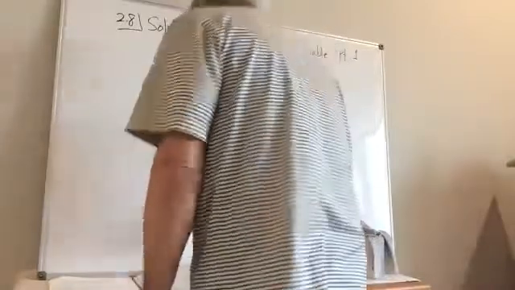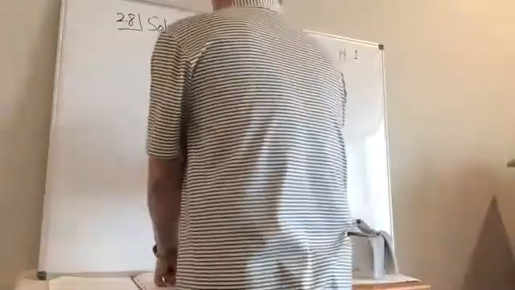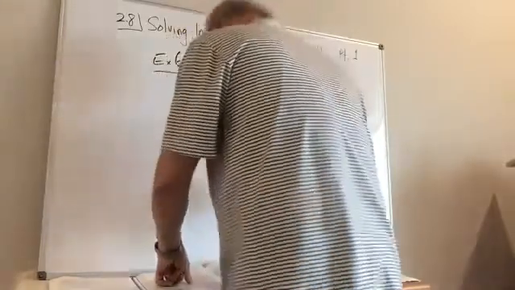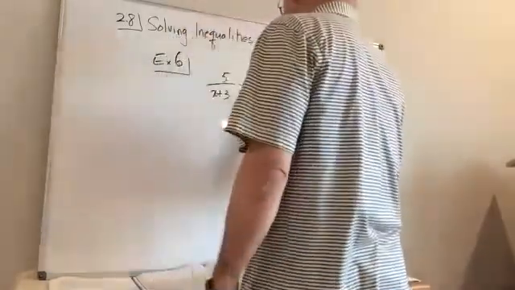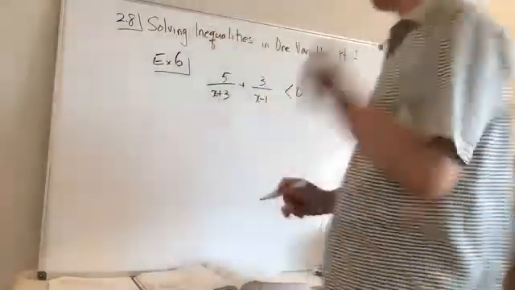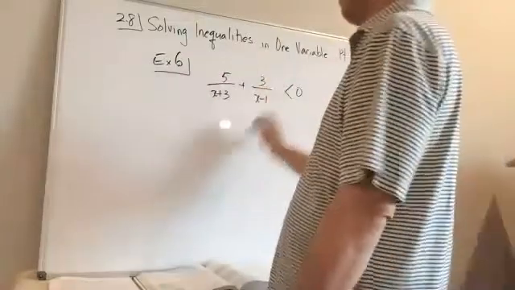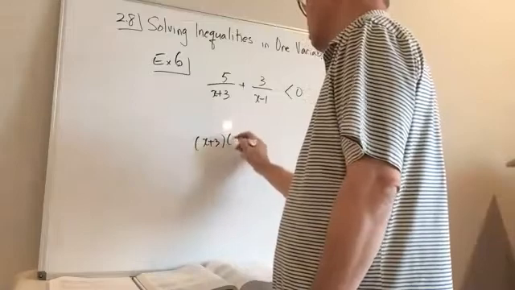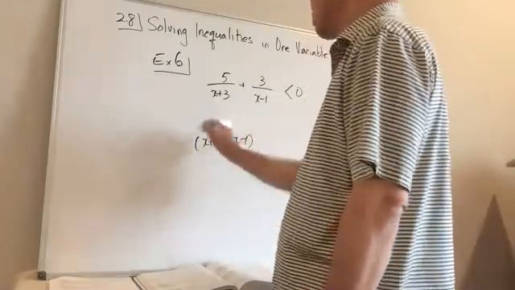So 5 over (x plus 3) plus 3 over (x minus 1), and I want this to be less than 0. So obviously I'm going to do the common denominator.